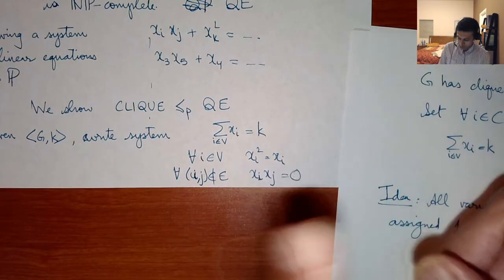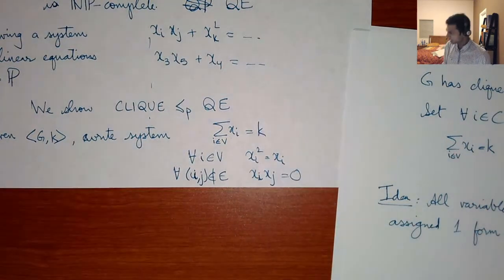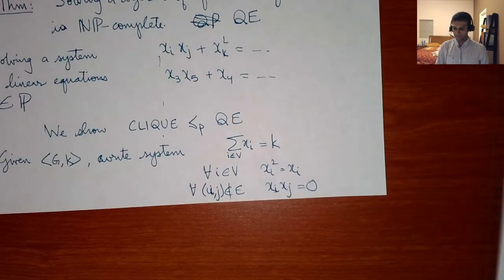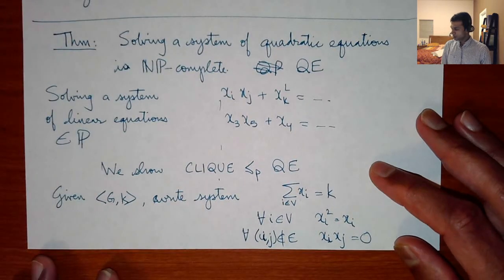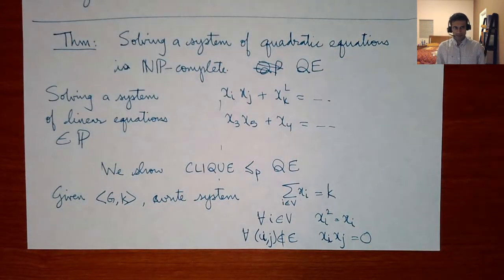I'm not reducing quadratic equations to clique. I'm reducing clique to quadratic equations. So is this clear? I'm going to pause here and take any questions about the previous reductions that I've shown. So I'll just pause the recording.